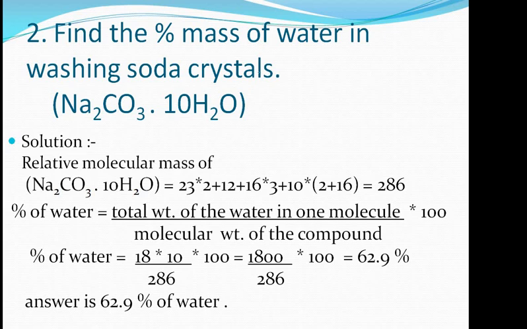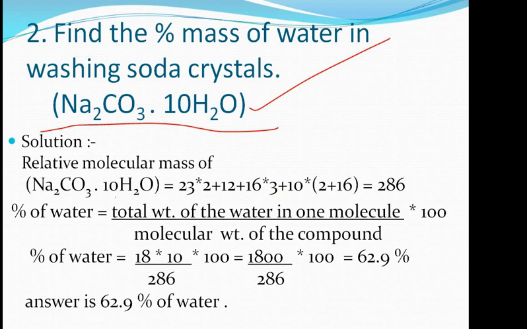Now what are the washing soda crystals? It is Na2CO3.10H2O. This is the formula for the washing soda crystals. Again, the very first thing you need to do is calculate the relative molecular mass of the washing soda crystals, that is Na2CO3.10H2O. Na2CO3 we did in the previous slide, that is 106, which is 23 into 2 plus 12, 16 into 3.